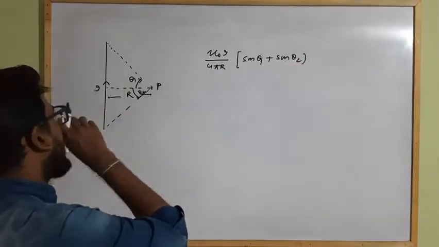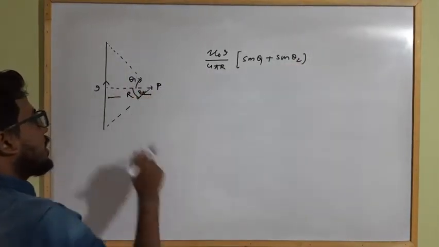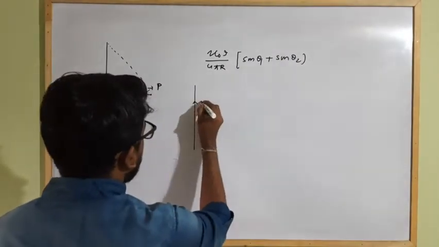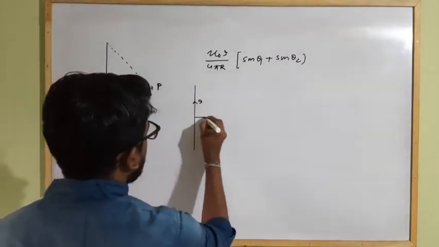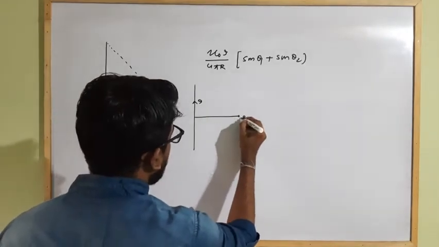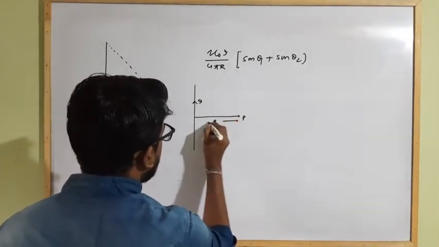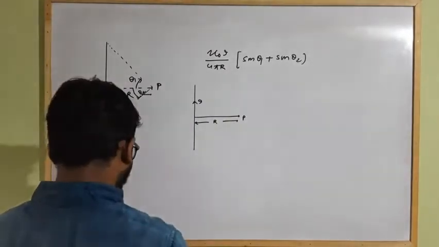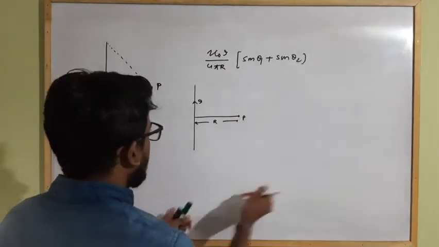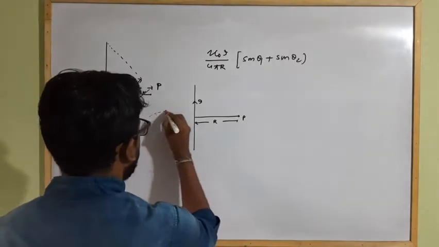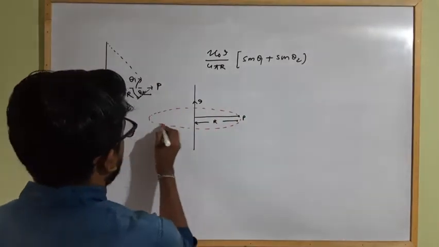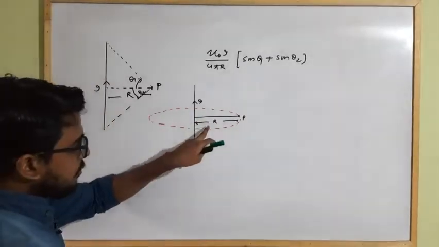But if we apply Ampere's circuital law in this case, what will be the answer? This is the current carrying conductor carrying current I of finite length, and here is a point of observation P at a distance r. According to Ampere's circuital law, for this point we have to imagine an Amperean loop. So let us consider an Amperean loop whose radius is the same as the distance r.